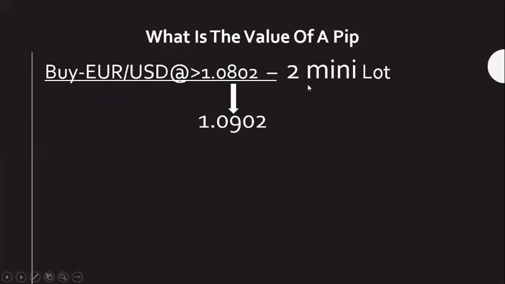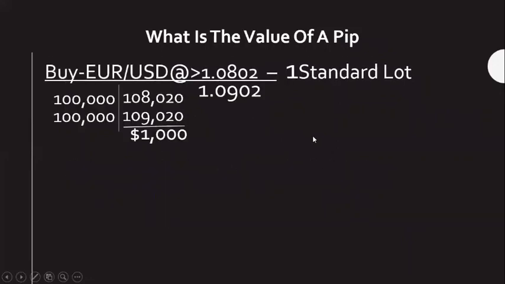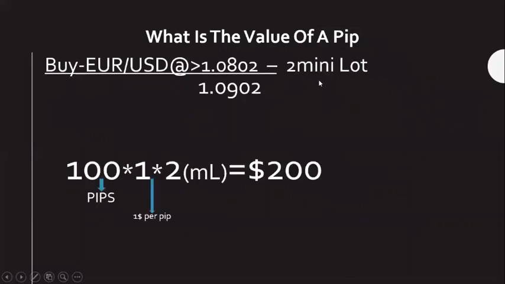But we already know that the value for a mini lot is $1 per pip, which is 10,000 units for just one mini lot size. But we are actually trading 2 mini lot size. So what's the calculation behind this?